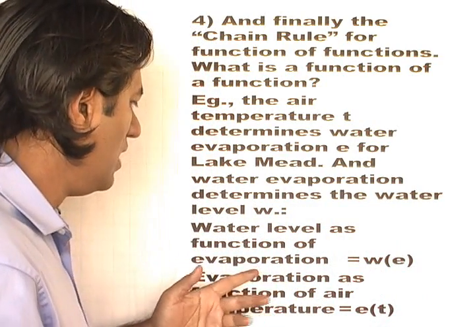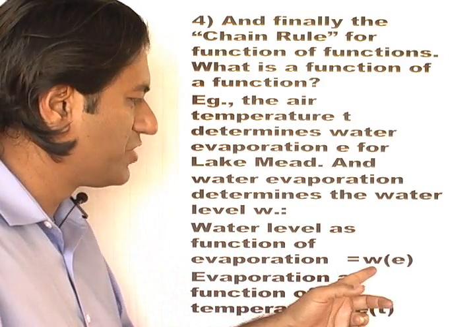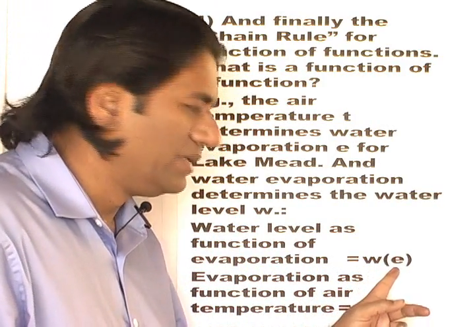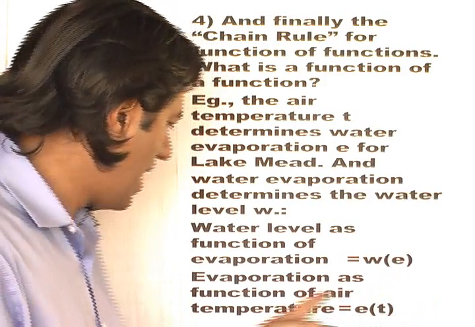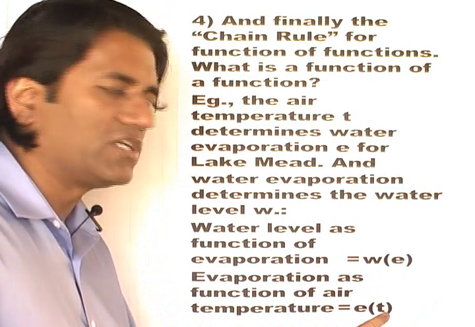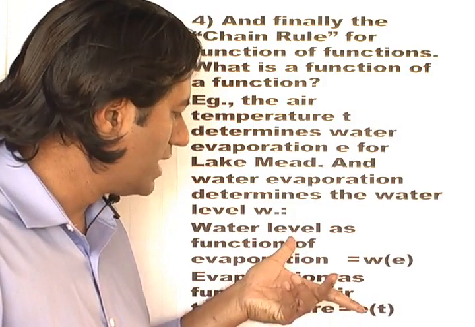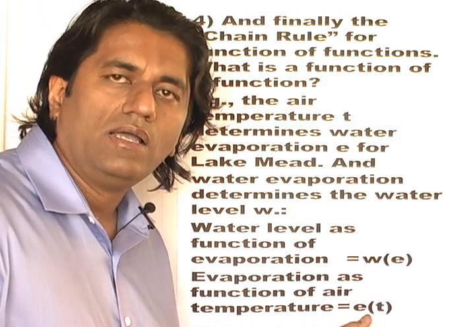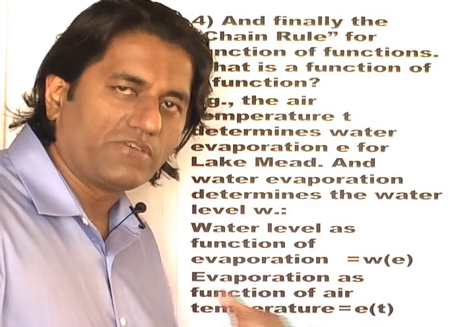So then your water level as a function of evaporation, if you say that's W as a function of rate of evaporation E, and then you say rate of evaporation E is a function of temperature T, then water level becomes a function of temperature T as a function of a function.